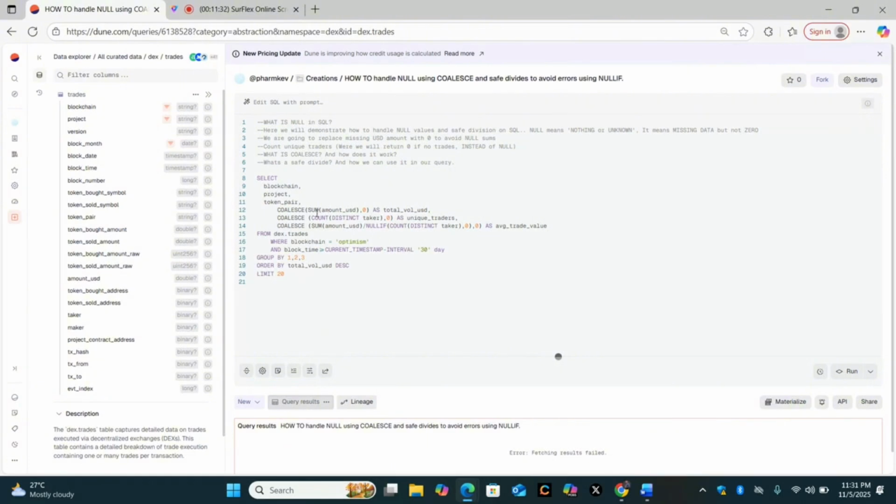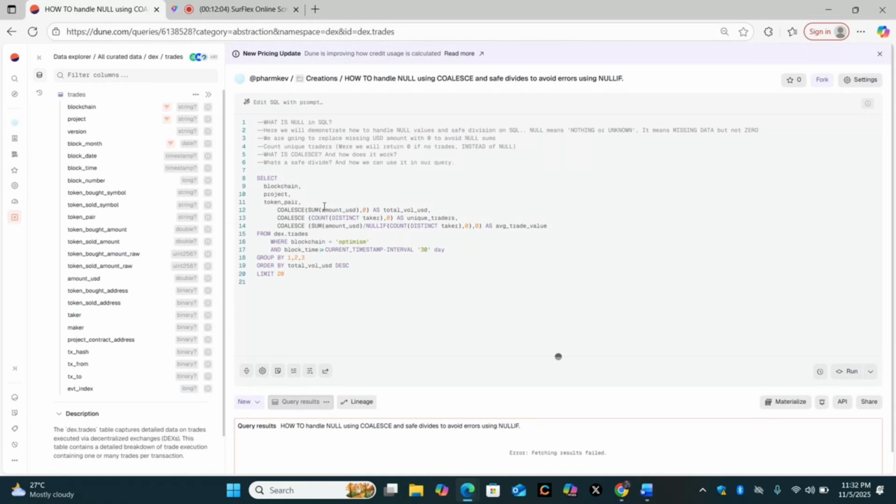There might be situations whereby the data that this column has might have null values, which can affect our results, affect our dashboard, cause breakage. Once there is a null value, this COALESCE comes in to prevent that error. So when this COALESCE is available, it converts that null to zero.